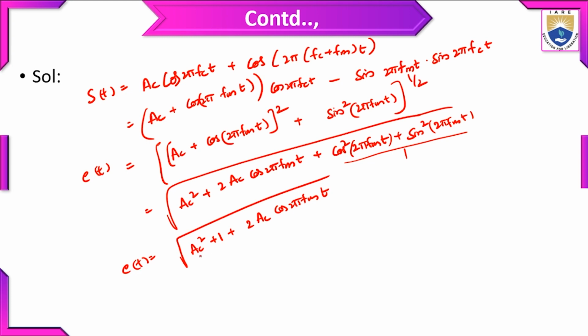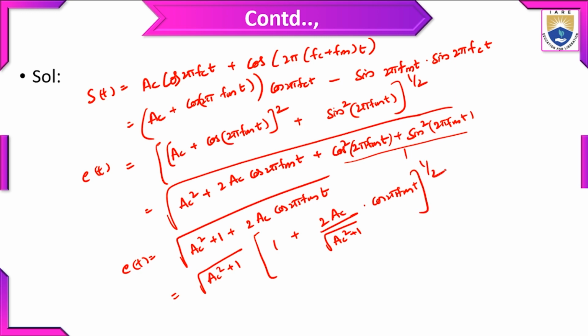So here we can take common the square root of AC square plus 1, the first term, which leads to AC square plus 1, the bracket of 1 plus 2AC divided by square root of AC square plus 1 into cos 2 pi FMT, or you can write 1 by 2.